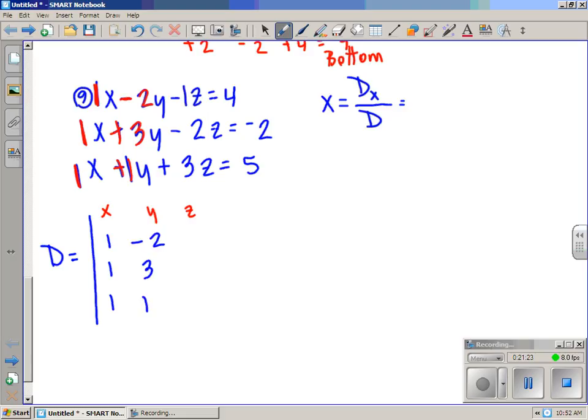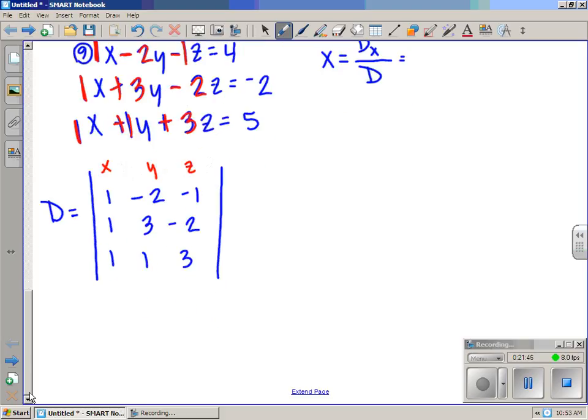The z column will be negative 1, negative 2, and 3. Those numbers come from the numbers in front of your variables in your given equation. The equal numbers, the 4, negative 2, and 5, remember we won't use until we use the determinant of x.